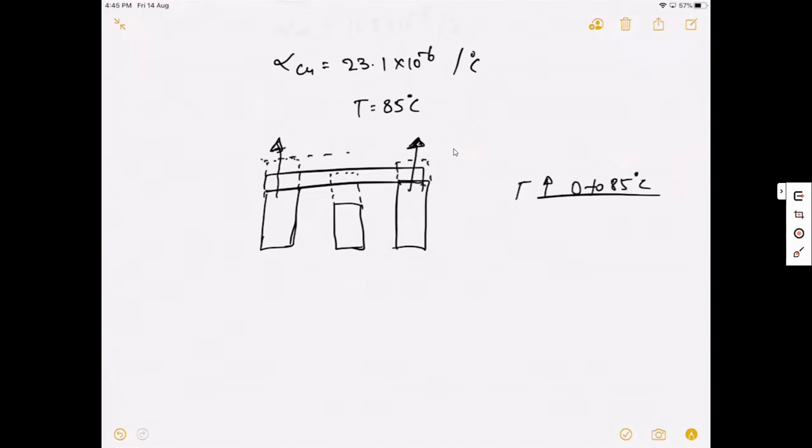Now the final change in length will be the same for all of these bars, because the final position of the rigid slab will be the same.